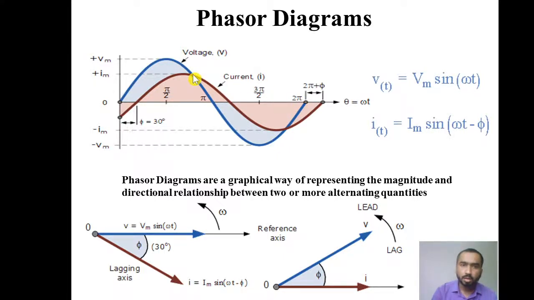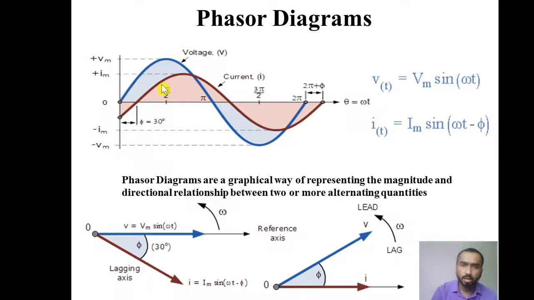Now we have to measure the difference between these 2 points, and that difference is the phase difference. The phase difference is shown by phi, and here it is 30 degrees. We can say that this voltage and current signal have a 30 degree phase difference.